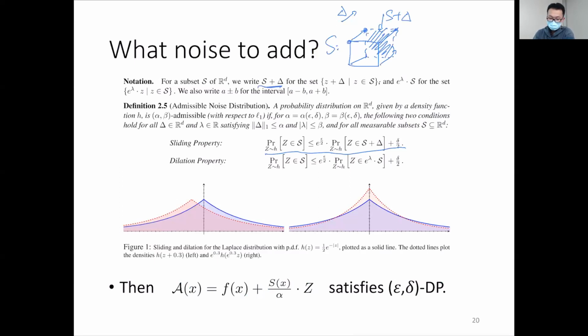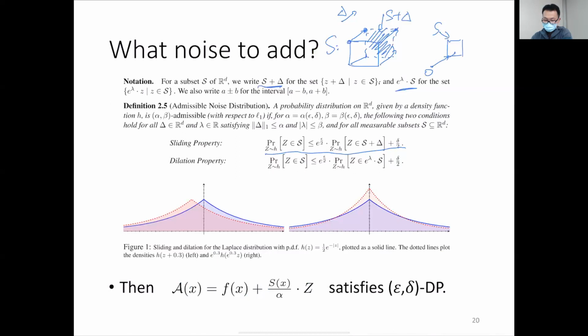And now how do we multiply a quantity to a set? Let's still take this set S, and say this is the origin. Multiplying e to the power of lambda to S means that we are multiplying this to every element in this set. So this makes the set a little bit bigger if lambda is larger than 0. I'll take this point, for example, and scaling it by e to the power of lambda will make it a little bit bigger.